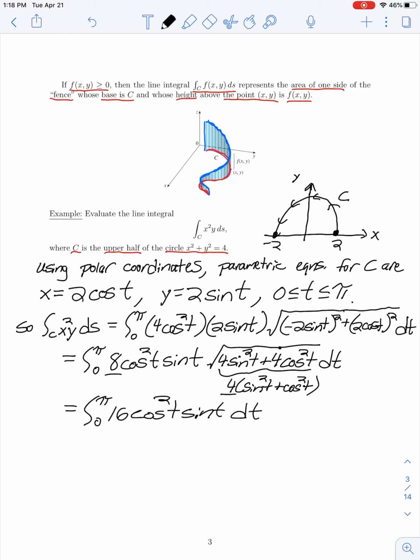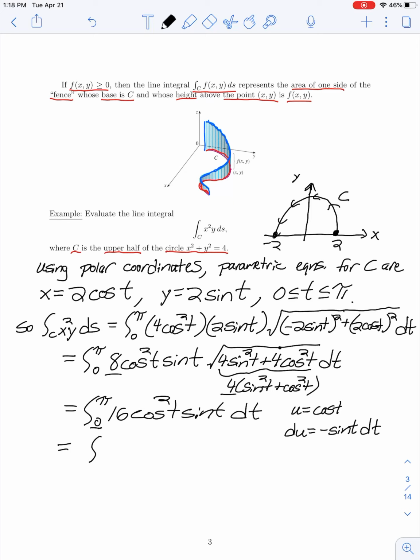So to find an antiderivative for this function, we can make use of a substitution. If I let u equal cosine of t, then du is given by negative sine of t dt. So converting this to an integral in terms of u, let's change our limits of integration here.